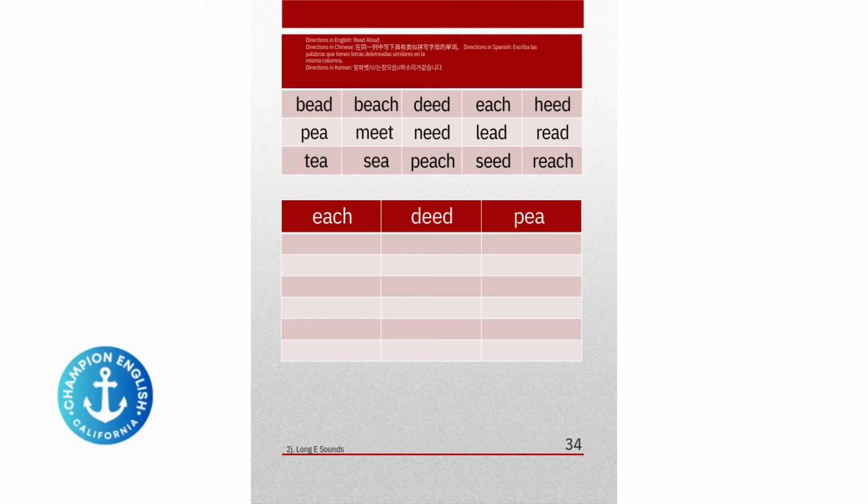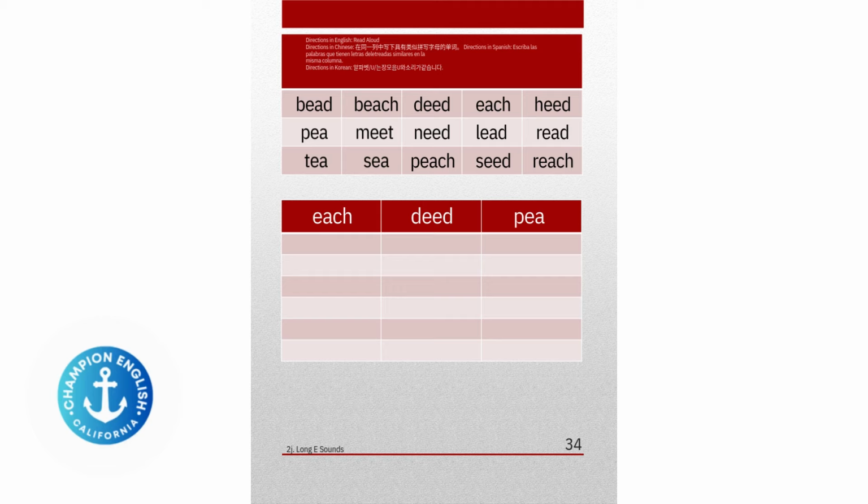Okay, students, now we're going to look at each word and put each word in its right column. So we have the long E sound. We have each, beach, deed, feed, heed, lead, meet, need, read, seed, peach, and reach. We have to make sure that according to how the word ends, if it ends with CH, it probably goes to the CH column, which is column number 1.